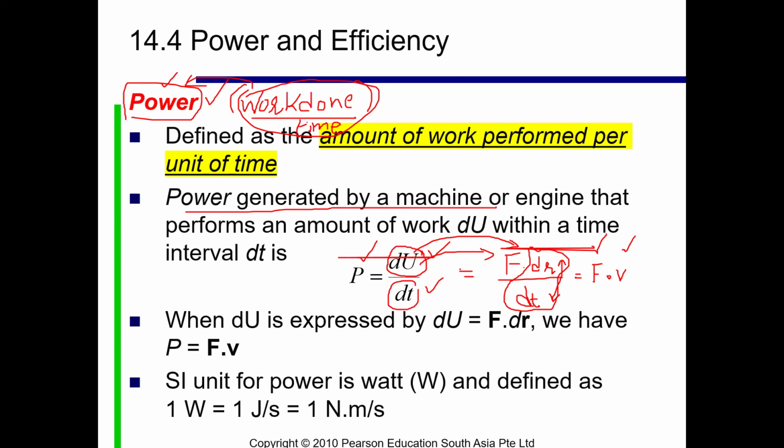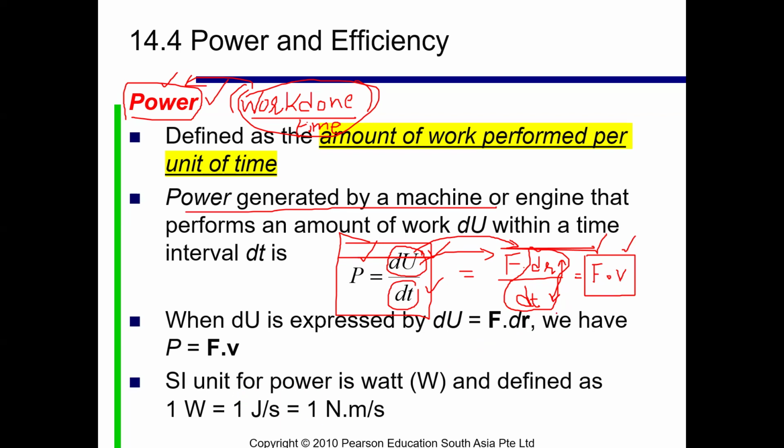This is another way. If you know the work done and the time interval, you can use work done over time to calculate power, or if that is not available, you can use the alternate formula, which is force into velocity. These are the basic formulations for power.